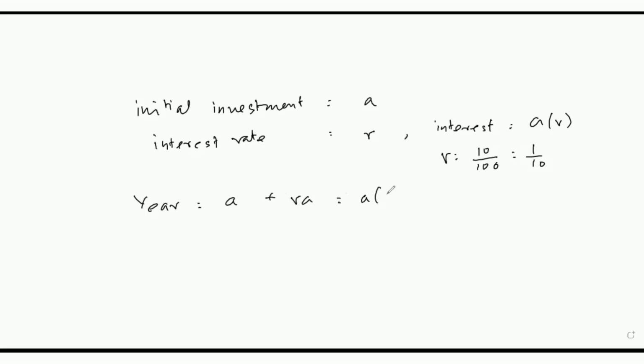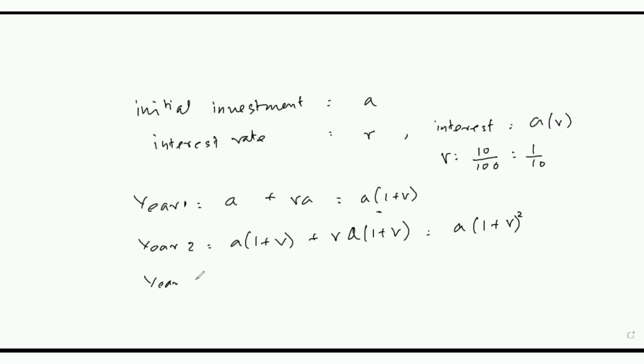So your net amount is A times (1 plus R). Year two, now this becomes your initial investment and you earn interest on that. If you reduce this, you'll see that this is of the form A times (1 plus R) squared.